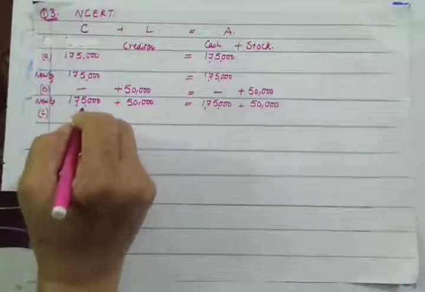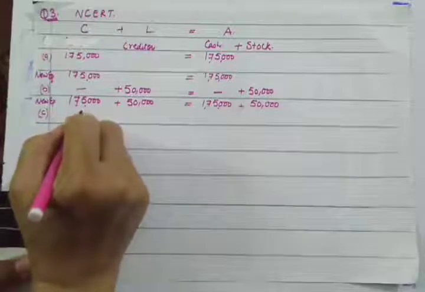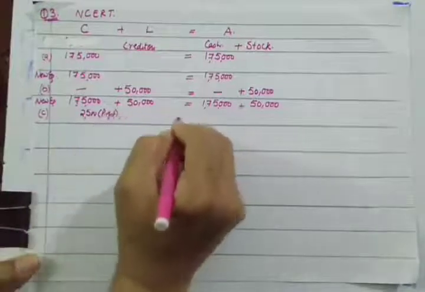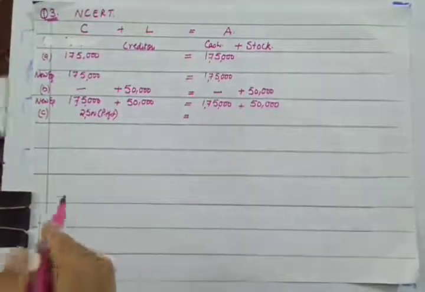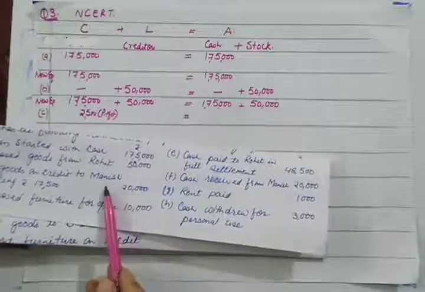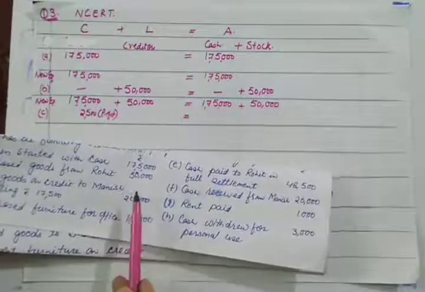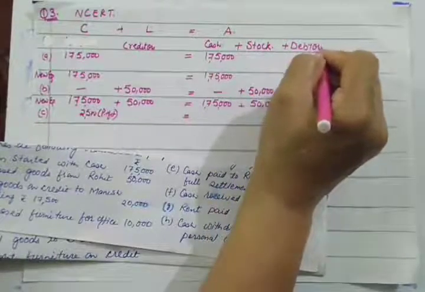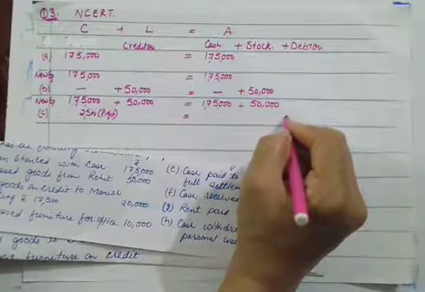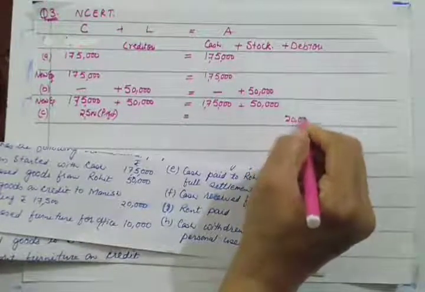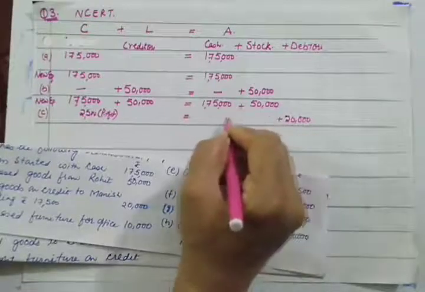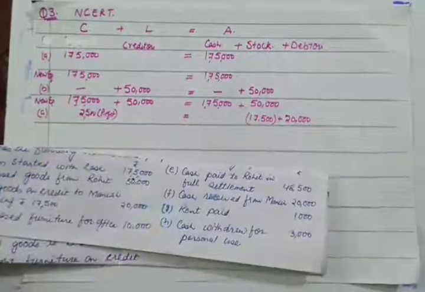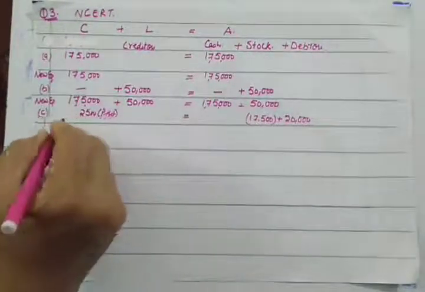You will add 2,500 as a profit, plus, because it's a credit sale. So what will happen in case of credit sale? Your debtor will increase. Debtor will increase by the sale value 20,000 and your stock will reduce by 17,500. Put the bracket.